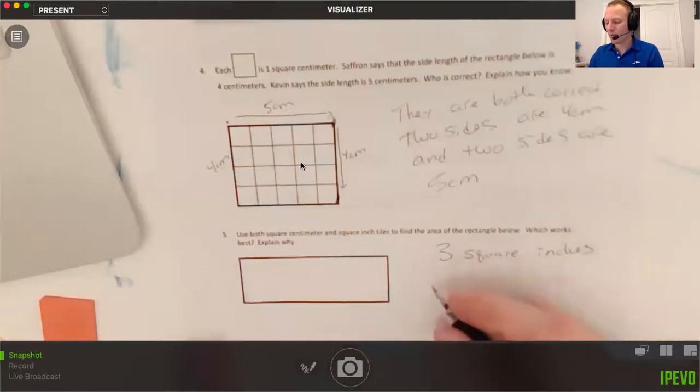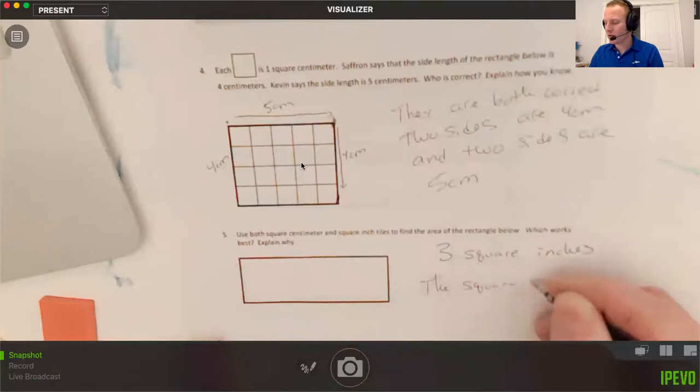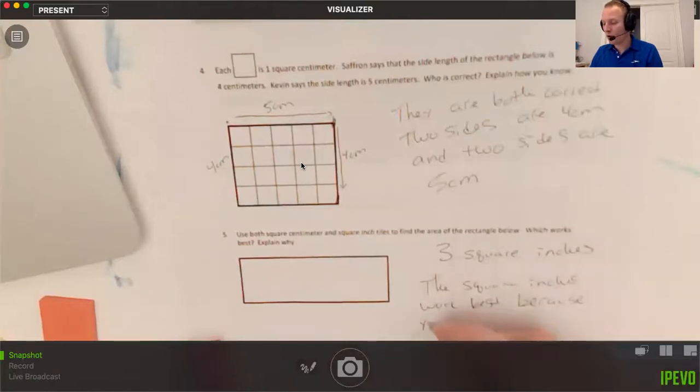So the square inches work best because you're measuring in wholes. Wholes as in not parts of a whole, but the whole thing.